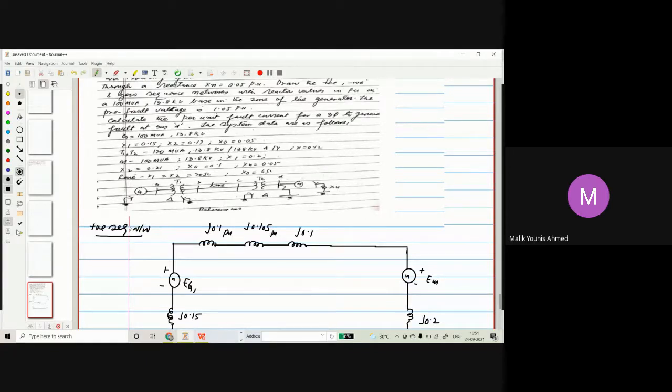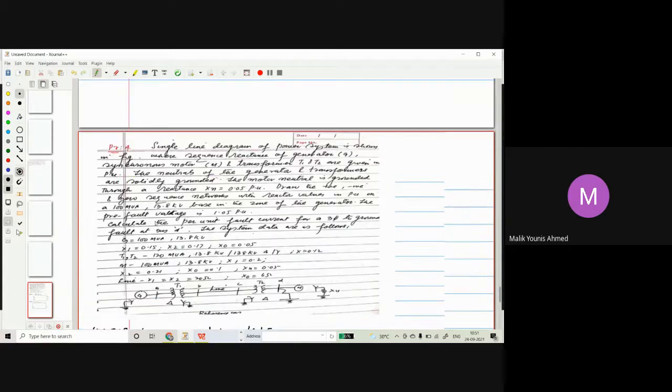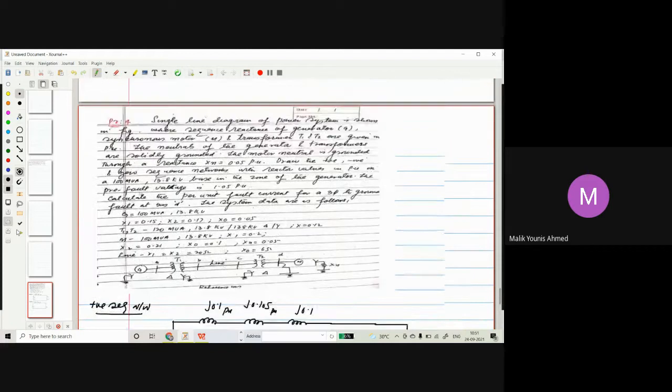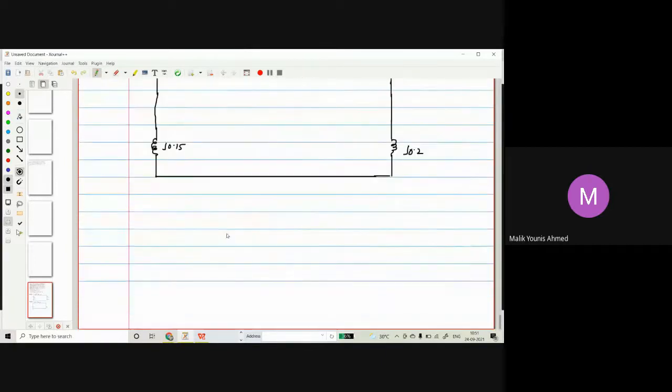Okay, so let's move to the zero sequence network. Now for zero sequence, we have to see the base values first. The base value given is 100 MVA, 13.8 kV. So let us first calculate those, then we'll see the base values.